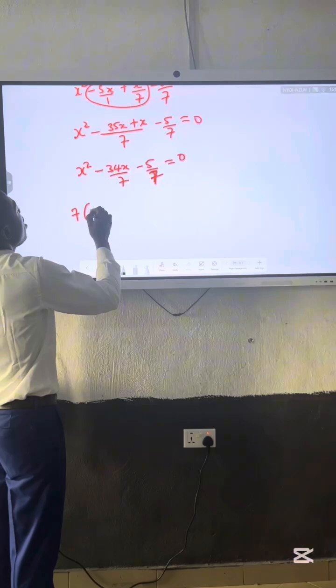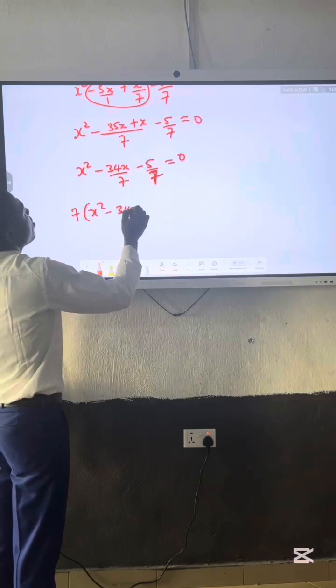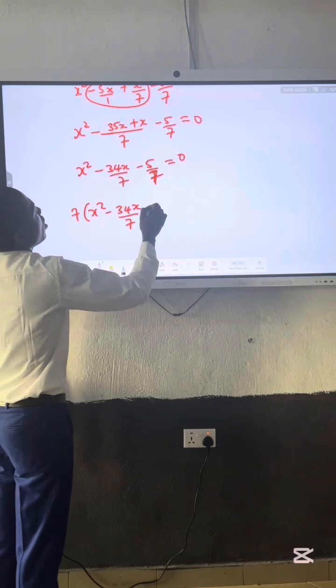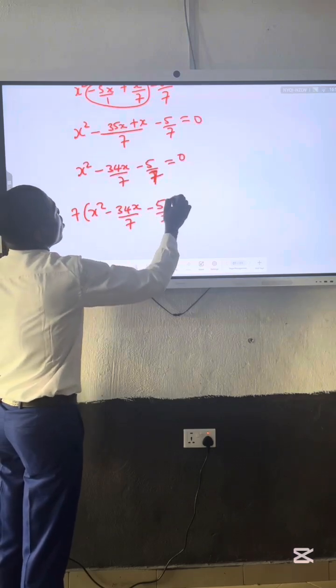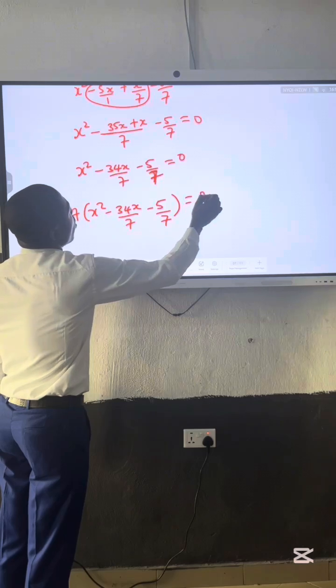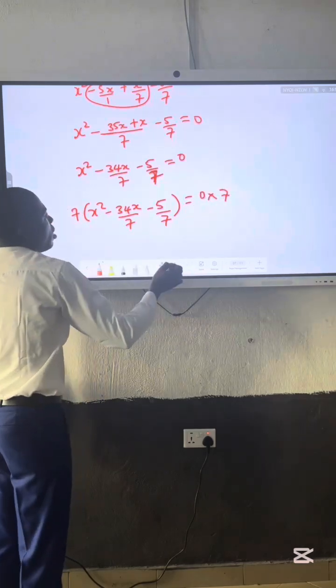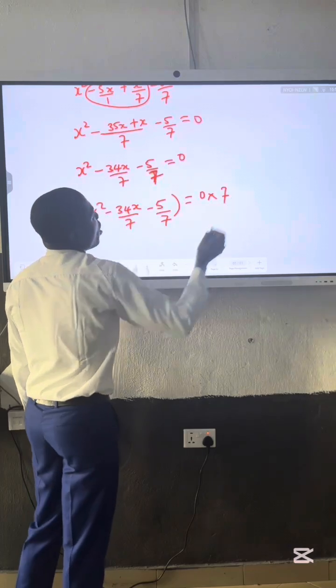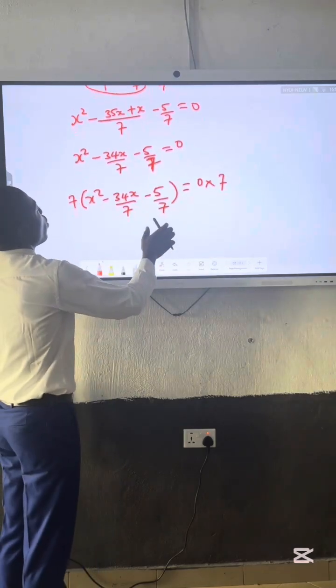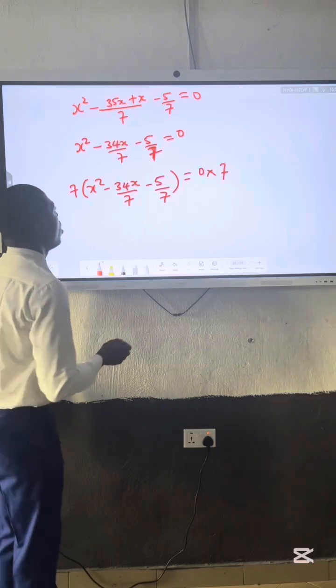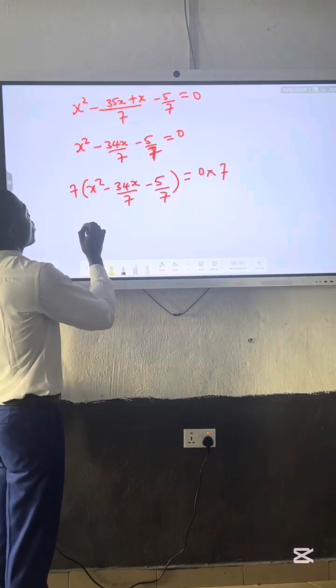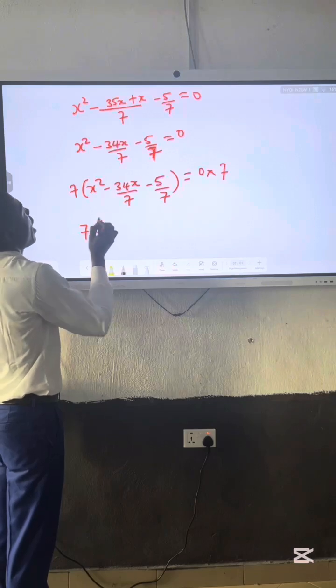So I have 7 into (x squared, negative 34x by 7, negative 5 over 7, all in bracket) is equal to 0 times 7. This is the meaning of what I said. All right. So now begin to clear this one by one. 7 multiplied by x squared, you get 7x squared.